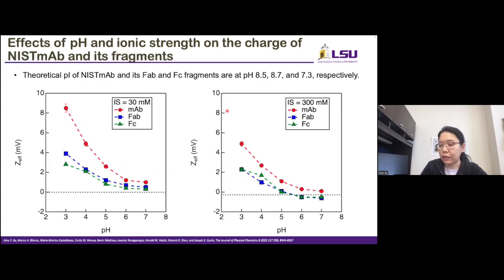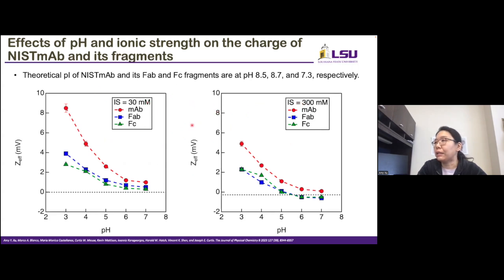Next, we measured the zeta potential of the full mAb as well as its fragments so that we can better understand them, because charge plays a key role in determining the conformation as well as the interactions of the protein molecules. We measured two different ionic strength conditions, one at 30 millimolar, the other at 300 millimolar.